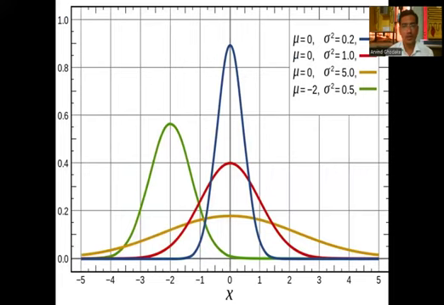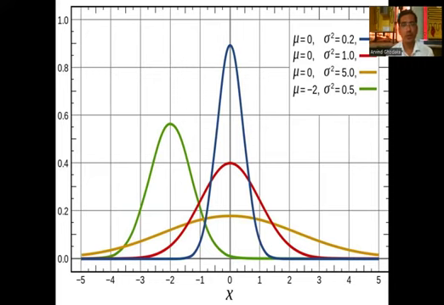This is another, different curve. On the x-axis there is the random variable, and on the y-axis the frequency distribution. Here mu is 0 for the first three cases, and for the last case mu is -2.